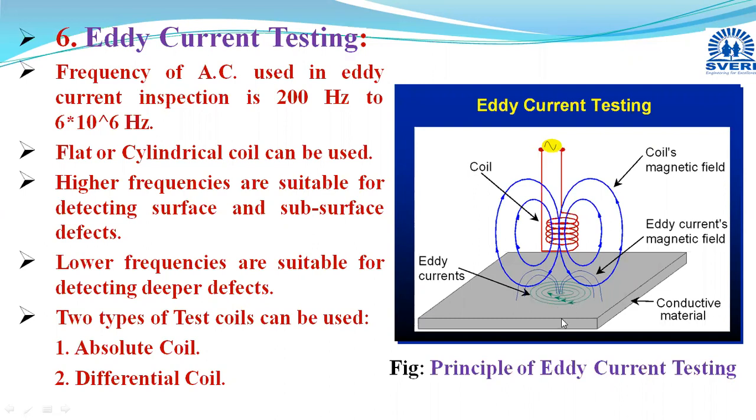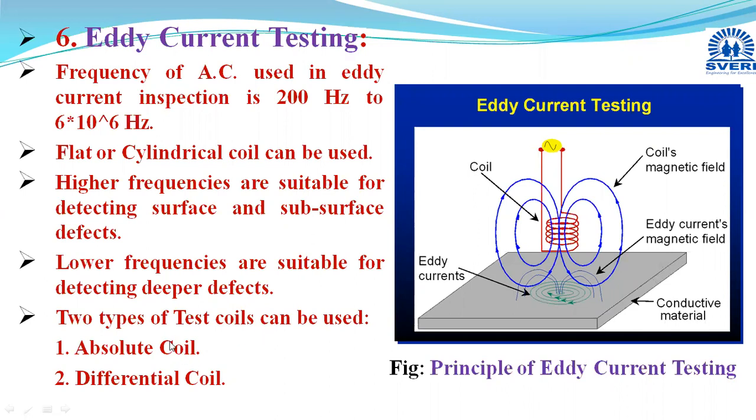Depending on the voltage output, different coils are used, and the magnetic impedance of that workpiece is checked. Depending on variations in the value, we are checking the defects.